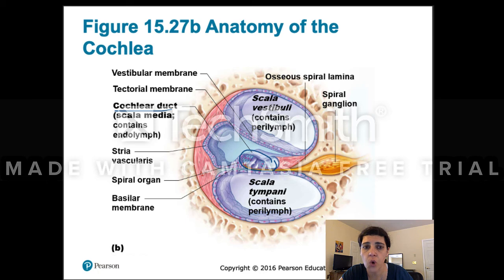Spiral organ, or organ of Corti, is the region where you have the little hair cells, and they feel this vibration that comes from the sound, because the sound vibrates all the structures inside your ear, and that's what makes you hear. That vibration is sensed by the spiral ganglion, that is already the ganglion from the cochlear nerve, and that's how you hear.